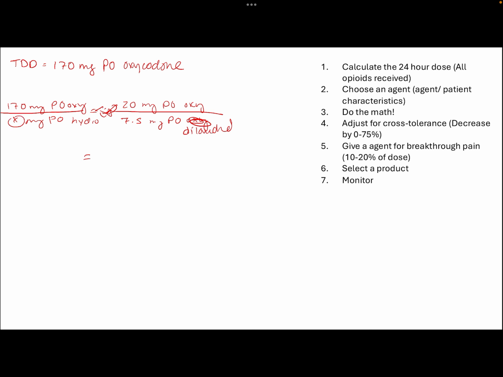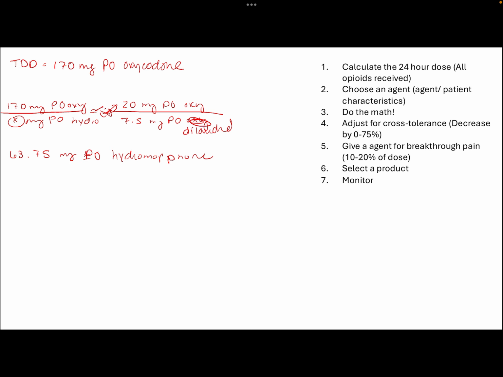Solve for X, and we should still get this 63.75 milligrams of PO hydromorphone. Go back to the last problem if you don't figure out how I can do this. It would be just that exact same equation, or that exact same math in algebra.